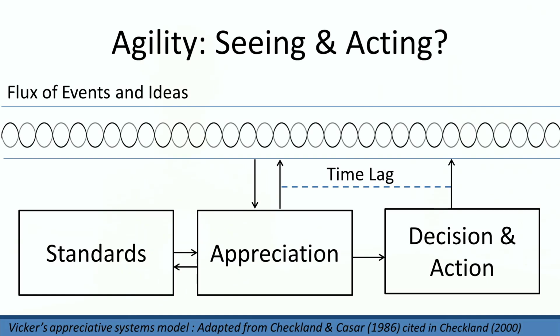If we can reduce that lag, if we can help our organisation see the change that's needed, help them find the experiment that they need to do to validate it and actually get that out there, then we get feedback, feedback from that flux of ideas and events as well.